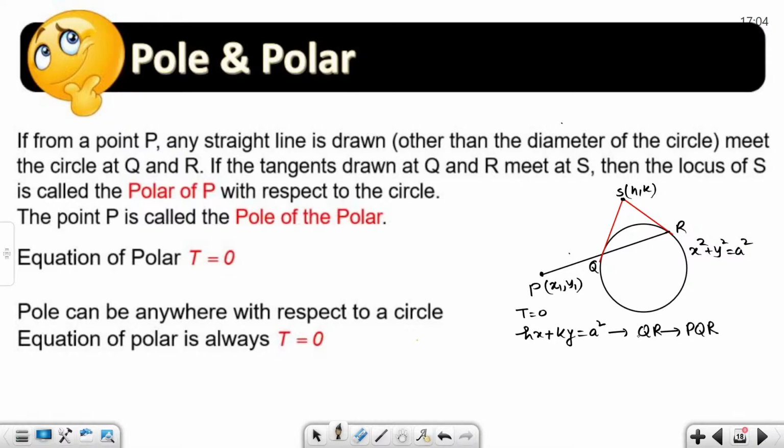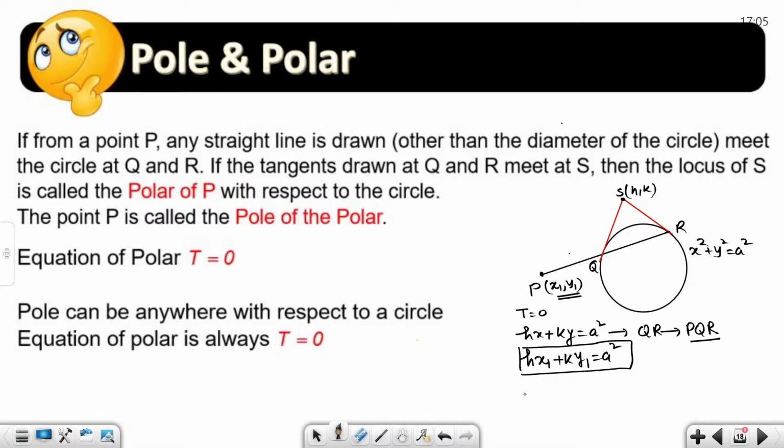Right? Now, the line PQR is passing through the point x1, y1. Hence, it must satisfy this equation. Therefore, we get hx1 plus ky1 equals a square. This is an equation which contains h, k and the given constants.